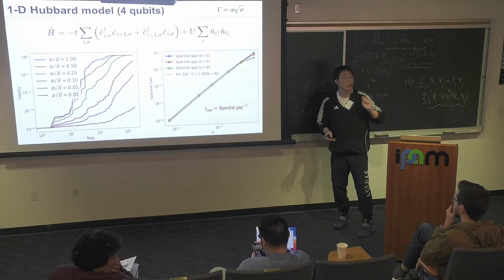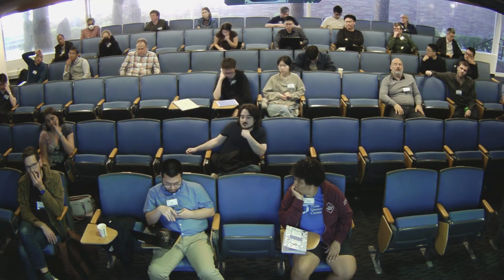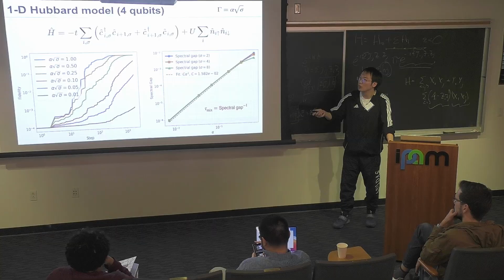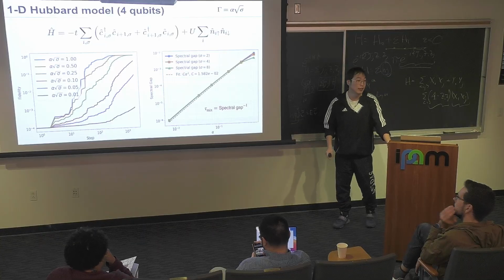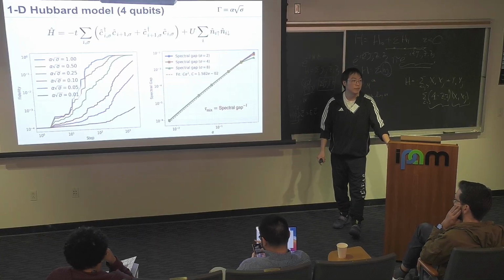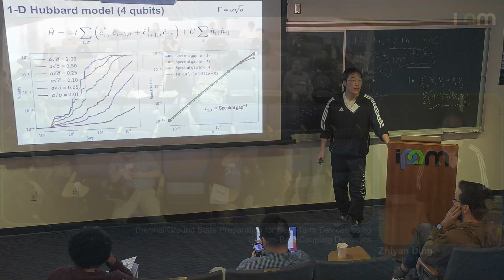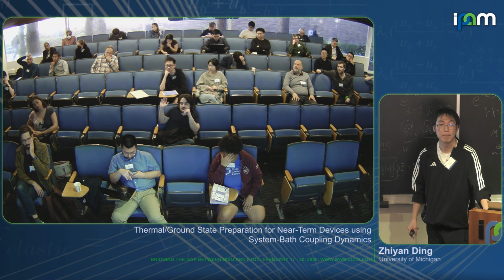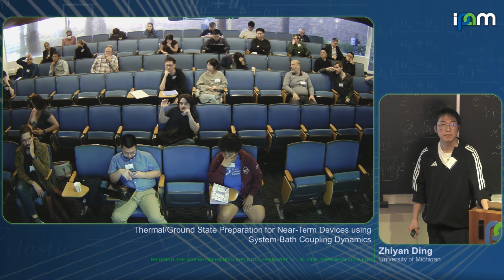For your numerical simulations here, what are you using for your A operators? For these simulations I sample my A from single creation and annihilation operators. So you're not conserving particle number in this case? No, not conserving particle number. So you're converging to the ground state of how many particles?